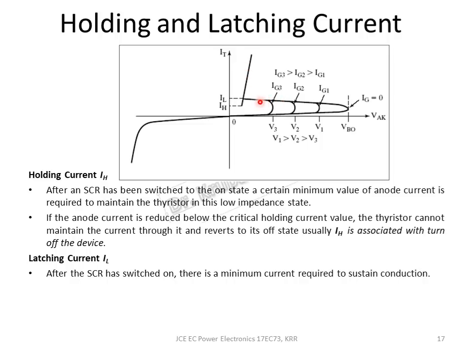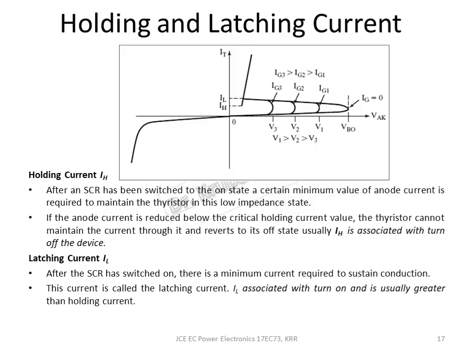So this current has to be at least IL for it to pick up and turn on. So there is a minimum current that is required to sustain the conduction. This current is called the latching current, IL, associated with the turn on. So IH is associated with turn off, IL is associated with turn on, and is usually greater than the holding current value. So if IH is 4 milliamps, IL will be around 12 milliamps.